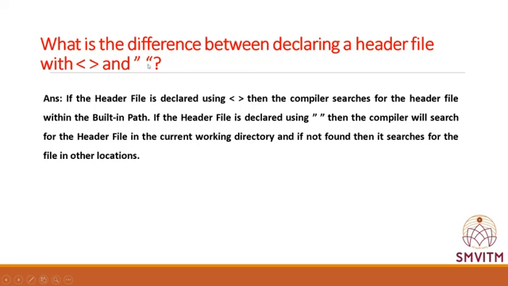Otherwise, if double quotes are used, the compiler searches for the header file in the current working directory, and if it is not found, then it searches for the file in some other location. So it is as simple as that.